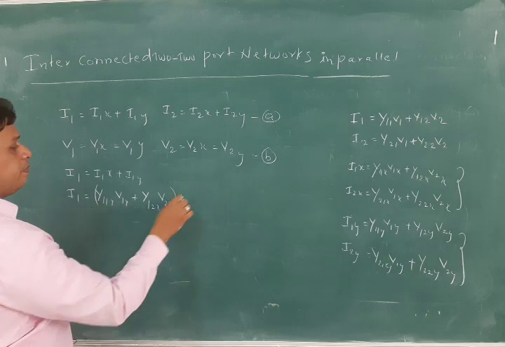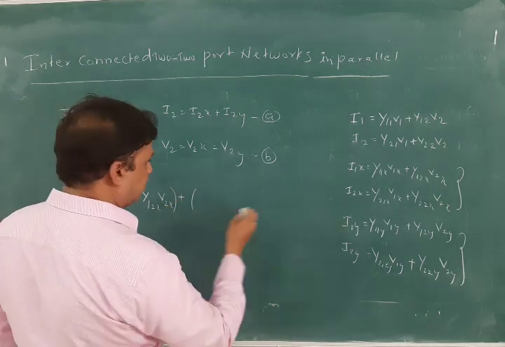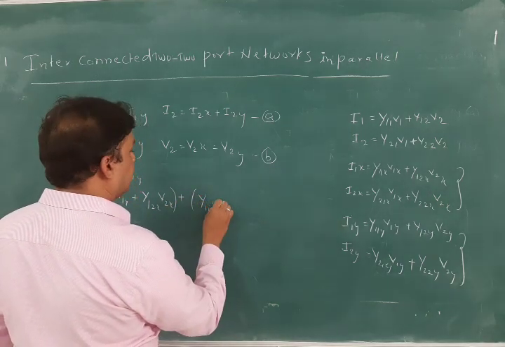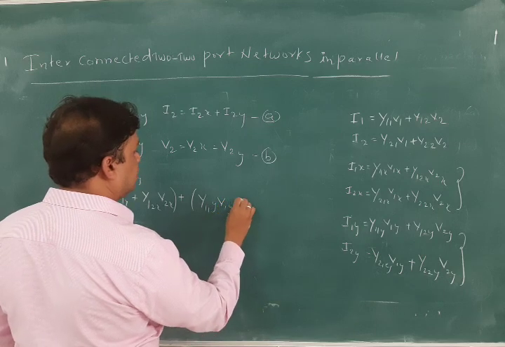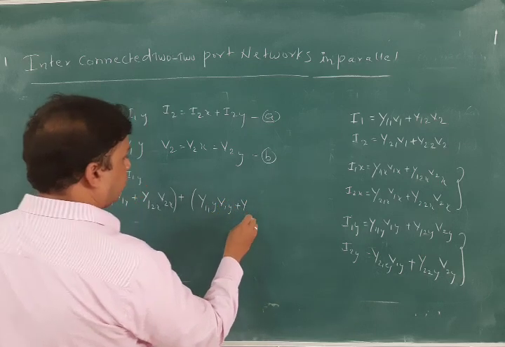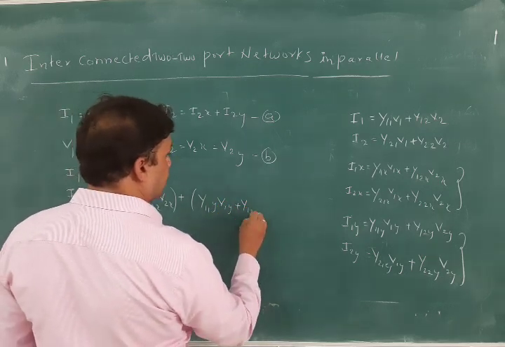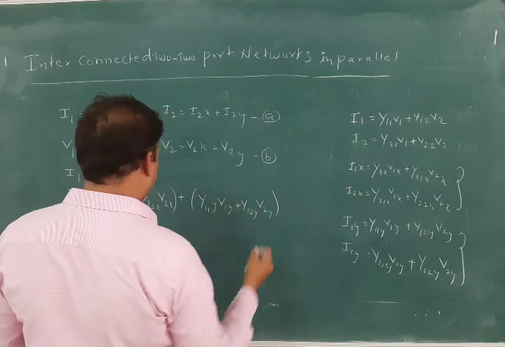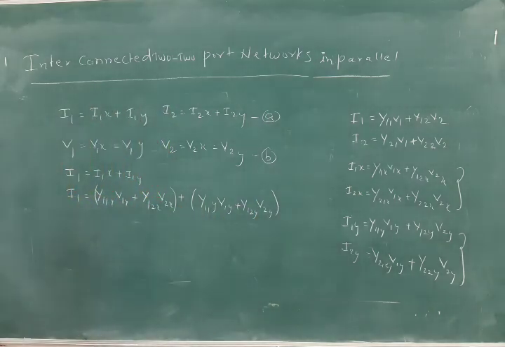What is I1y? I1y is Y11y V1y plus Y12y V2y. This is your I1.